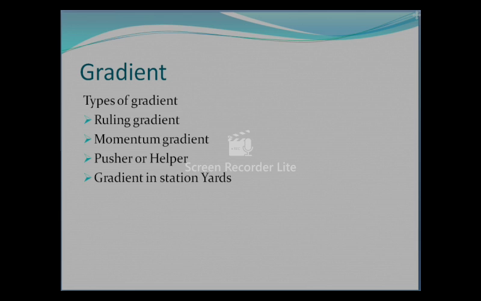So if I want to explain this, momentum gradients are those gradients on a section which, though more severe than the ruling gradient, do not determine the maximum load of the train, but on account of their favorable position on the track, the train before approaching them acquires sufficient momentum to negotiate them. Such gradients are known as momentum gradients.